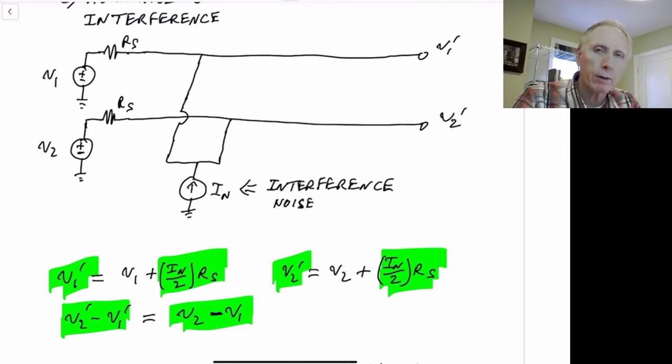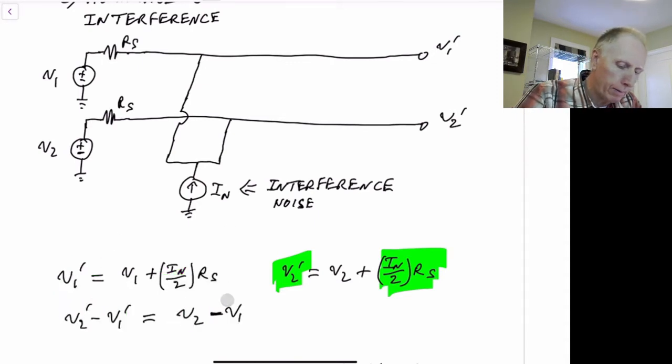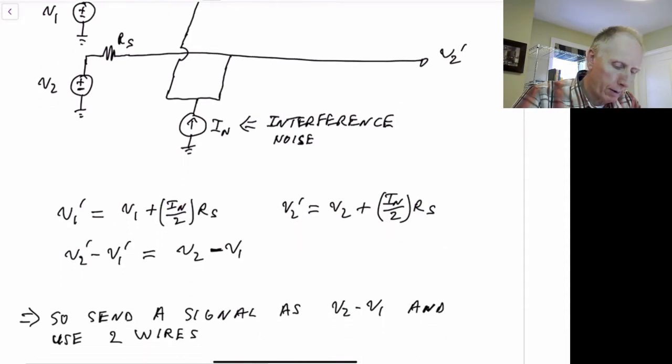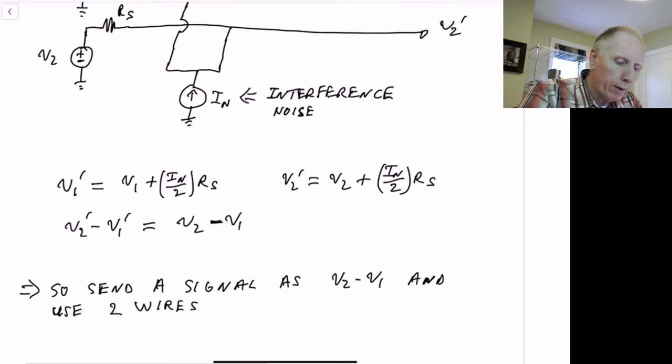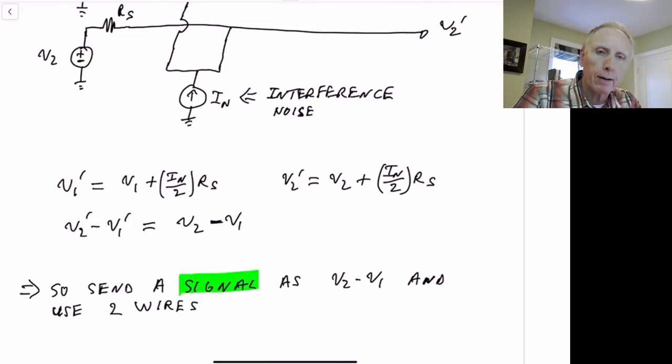So we've canceled our interference noise. To make use of this, we send a single signal as V2 minus V1. So rather than using two wires to send two signals, we use two wires just to send one signal.